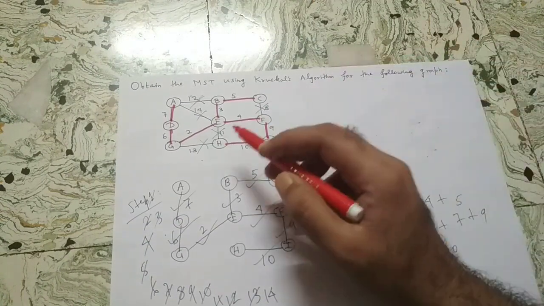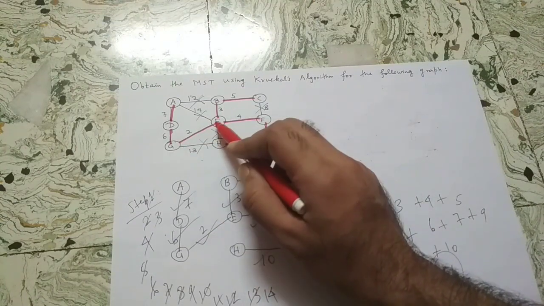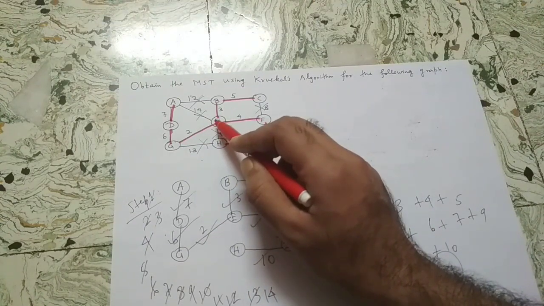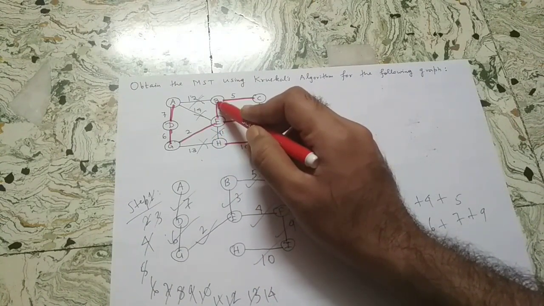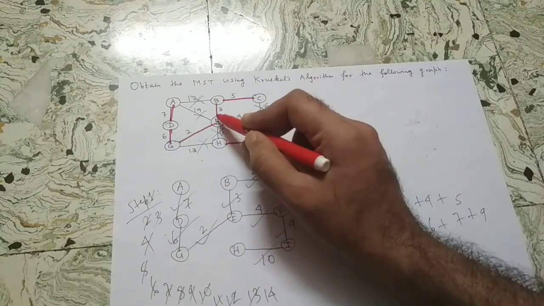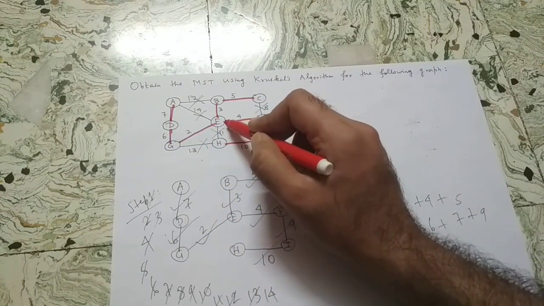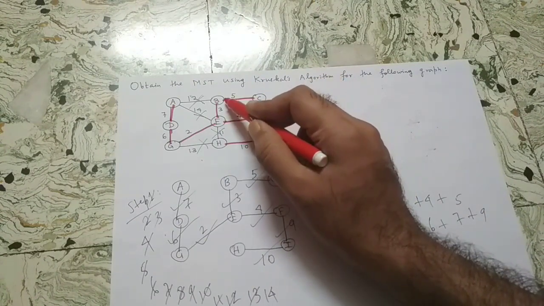Okay, I'll just go through this once. I hope you understood. I started off with 2. Now the edges that I could consider were this one, 3, and then I had 6 to consider. I had 4, so I added 3, and then I added again 4, and after 4 I added 5.